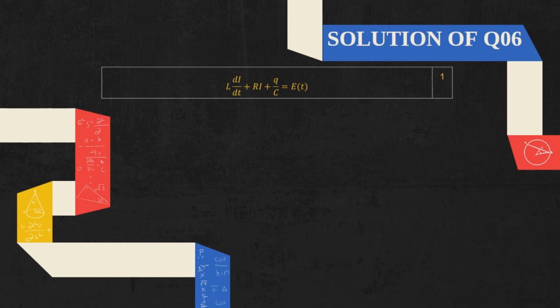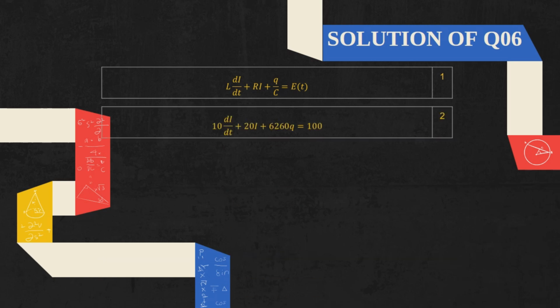According to the question, the initial values of current and charge in the capacitor are I0 equals 0 and Q0 equals 0 respectively. The relation I equals dq over dt is also provided. So we substitute the given values of L equals 10, R equals 20, C equals 1 over 6260 and E(t) equals 100 into equation 1. The following equation will be obtained.